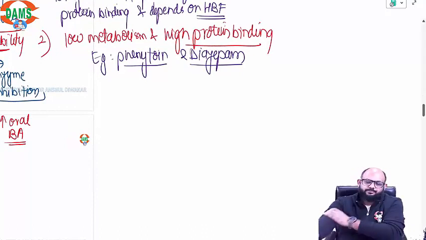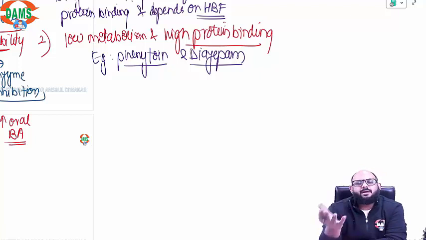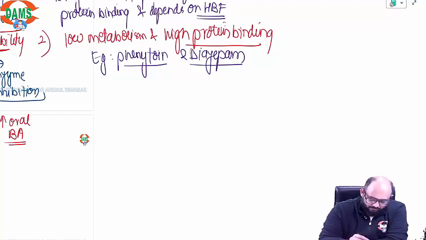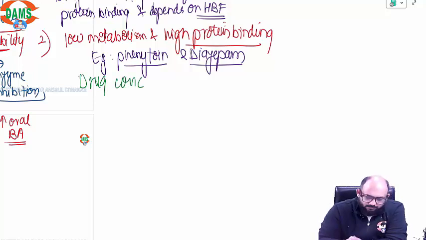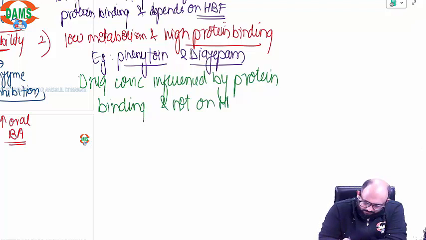Here drug concentration will be affected by protein binding, not so much on hepatic blood flow. So drug concentration is influenced by protein binding and not on hepatic blood flow.